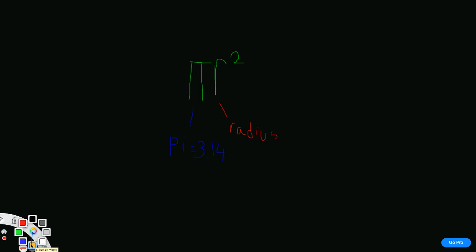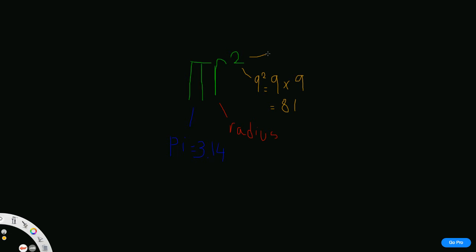Next, we have this little number 2 on top. This 2 is called squared, and squared is where a number is times by itself. For example, 9 squared is 9 times 9, which is 81.